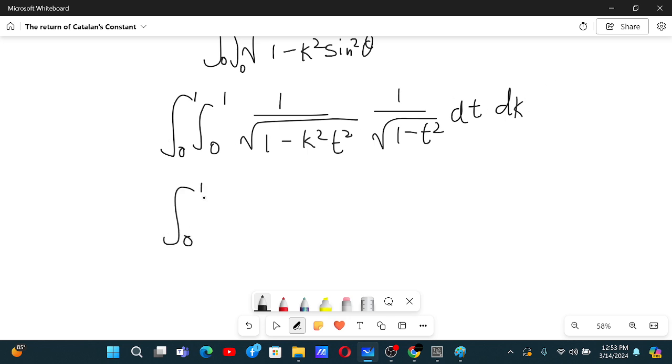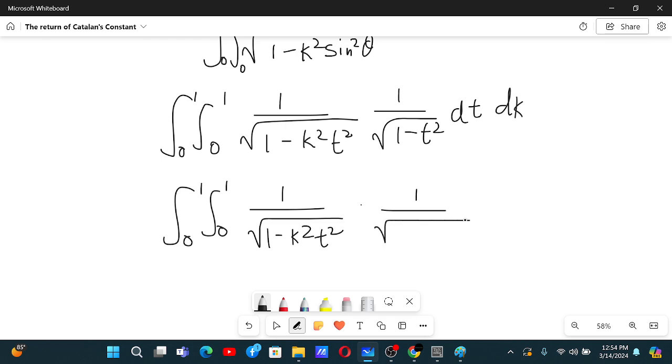This will remain the same because both of them are going from 0 to 1. But now we are actually changing the order of integration: 1 minus k square t square and root under 1 minus t square, by dk times dt.